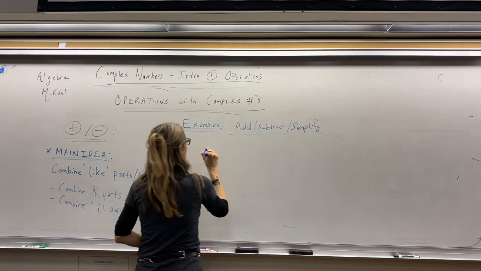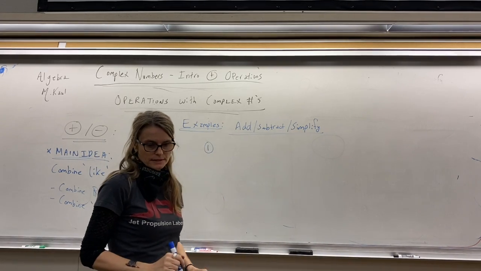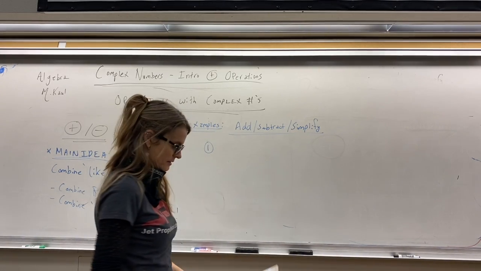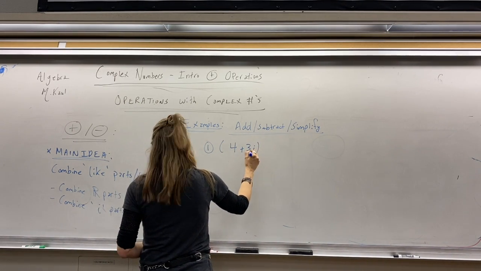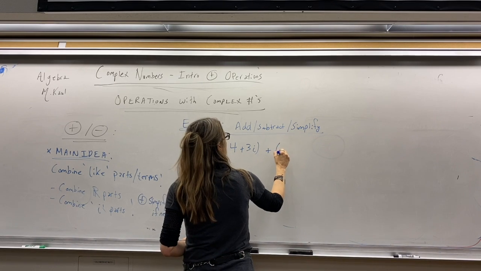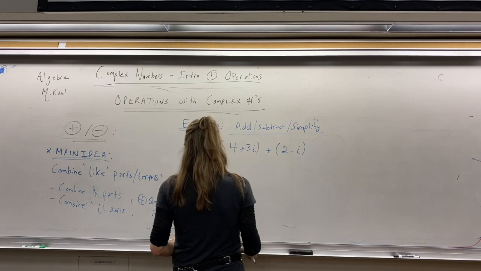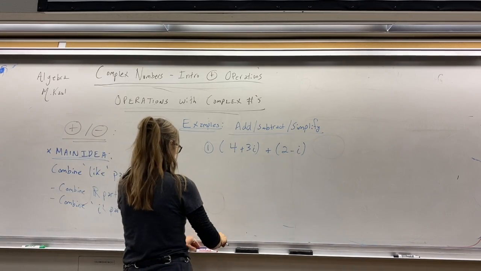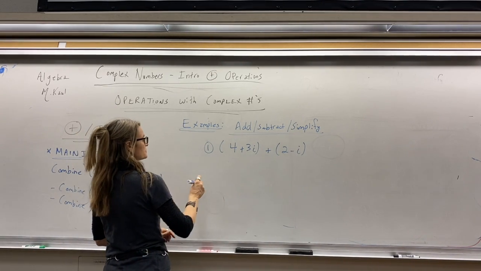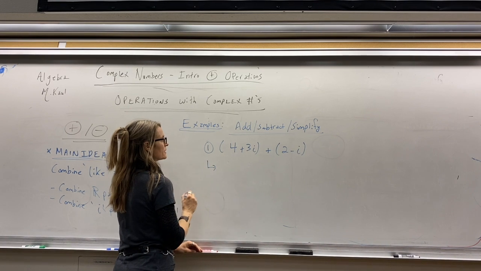So in a nutshell, if I have a problem that is, let's say, 4 plus 3i plus 2 minus i, what I would do in this case is, as before, remove my parentheses in case I have negatives.